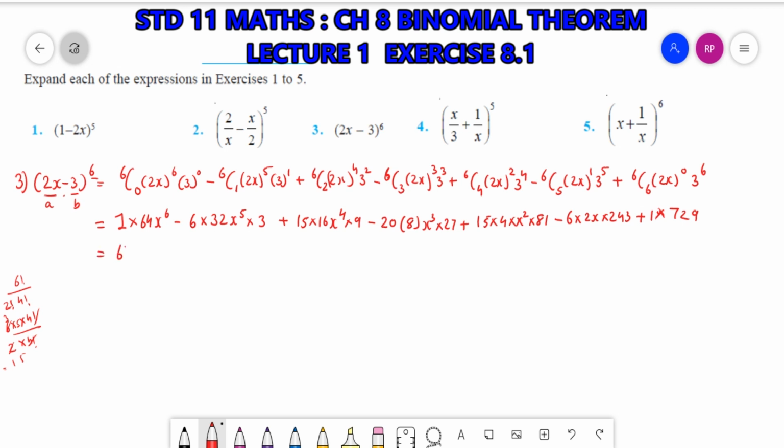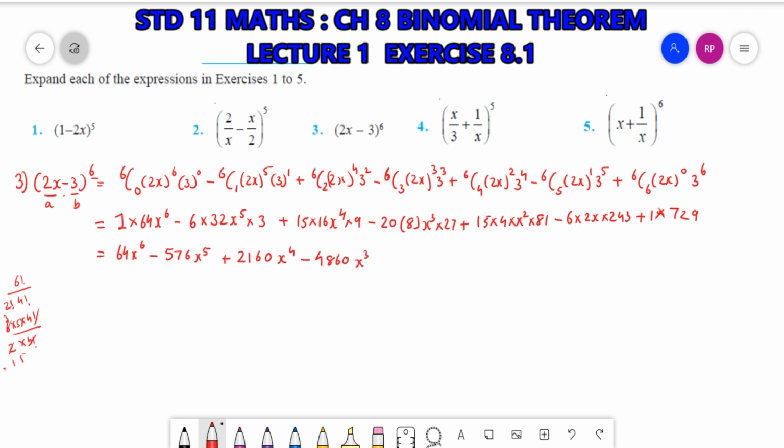So this will be 64 x raised to 6 minus 6 into 32 into 3, that will be 576 x raised to 5, plus 15 into 16 into 9 that is 2160 x raised to 4, minus 20 into 8 into 27, that will be 4860 x cube.